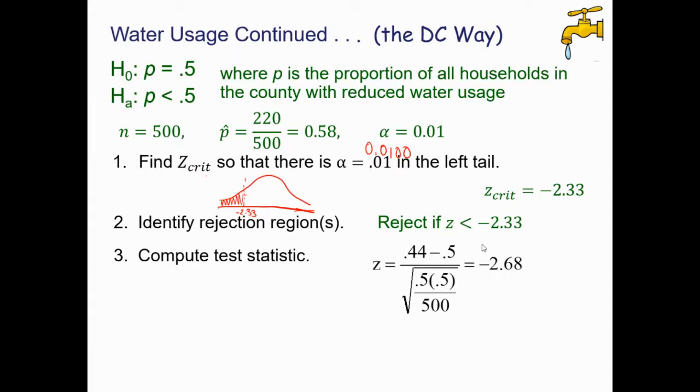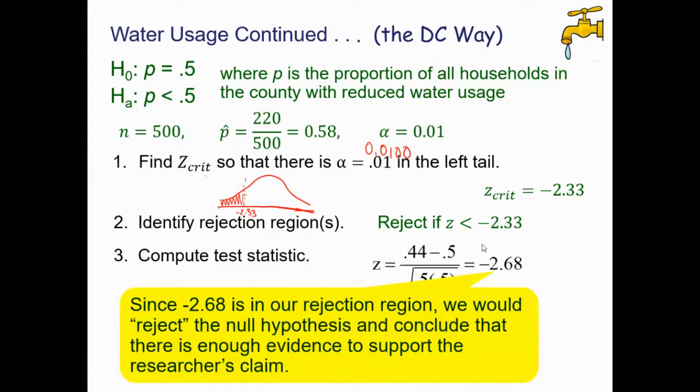So since it's in the rejection region, what does that mean? We reject. We would reject H0 and conclude that there is enough evidence to support the claim. Remember, our claim was what was stated in the problem: less than 0.5.